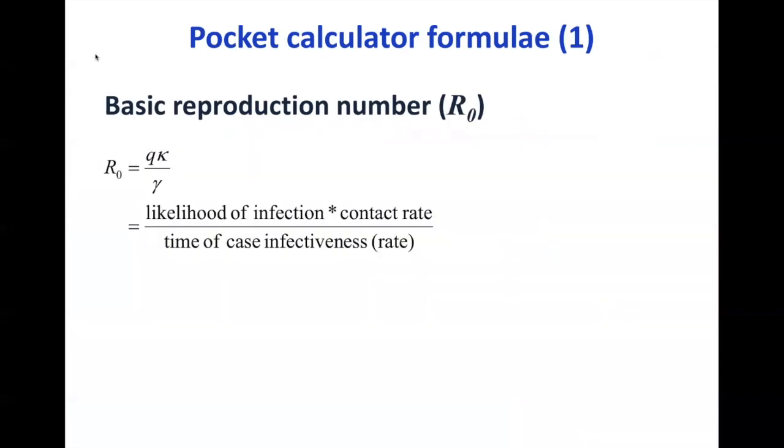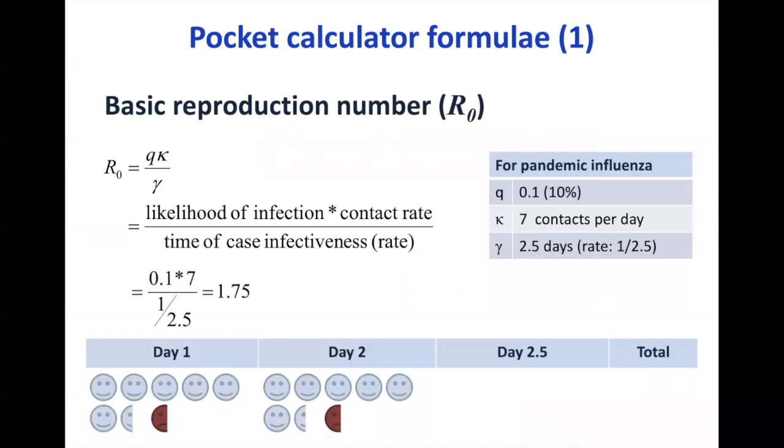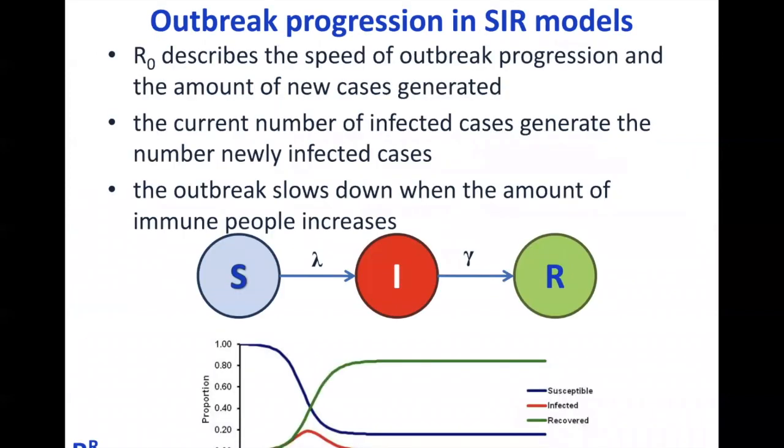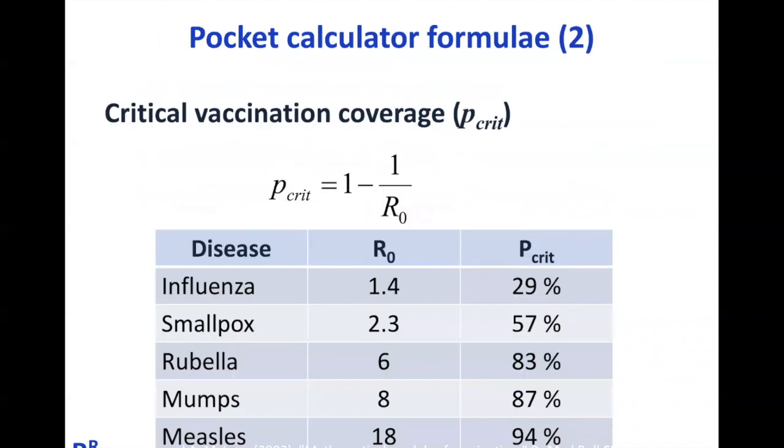Okay. The basic reproduction number can be calculated in a simple way, but this is not really our issue here. What is really interesting is the outbreak progression in an SIR model. We described this before. And you can also use this effective reproduction number or the basic reproduction number to calculate the critical vaccine coverage.